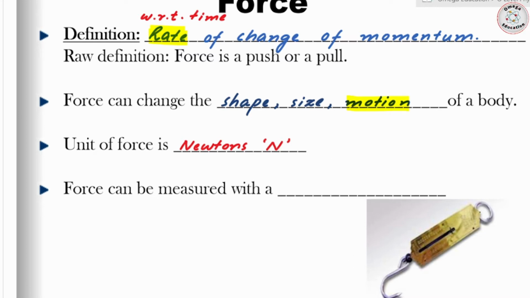So when we represent the Newton, we represent the N with the capital letter. Now, the instrument that can be used to measure force is called spring balance. S-P-R-I-N-G, spring balance. It is also known as the very same instrument. It is also known as Newton meter.